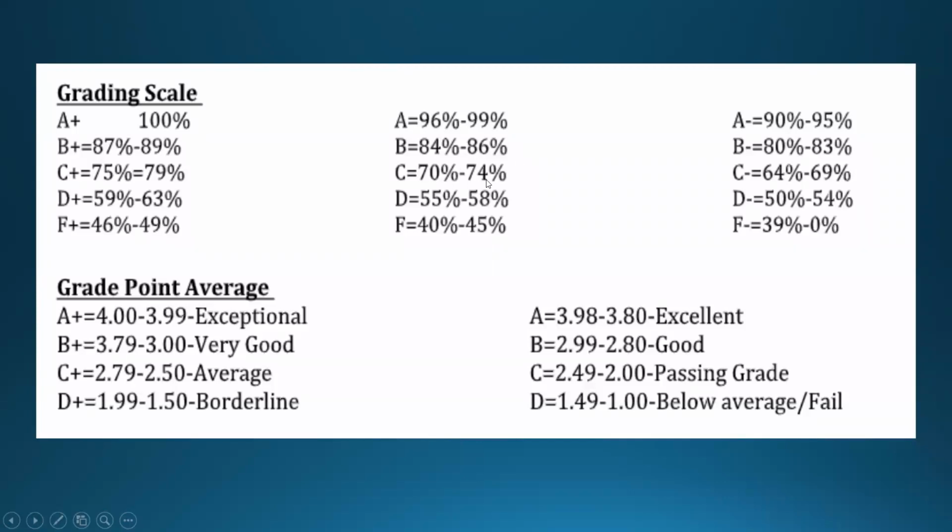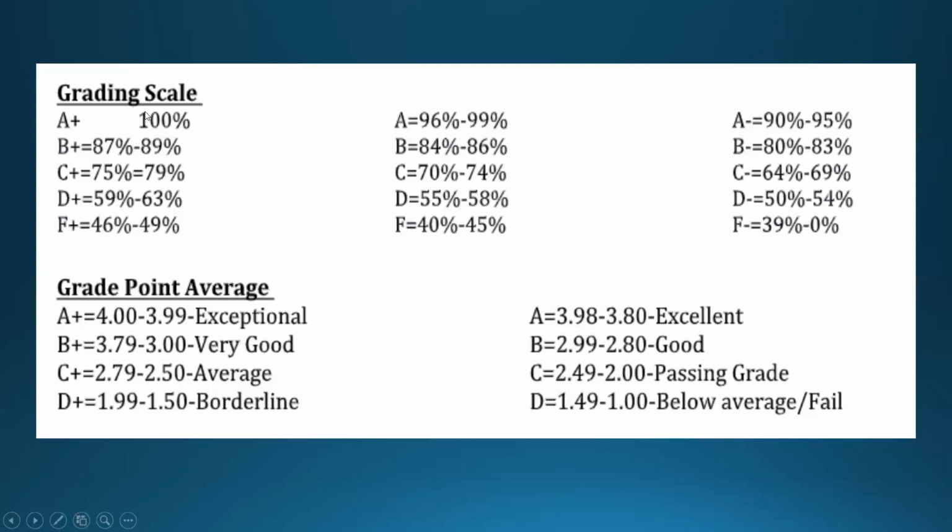C is 70 to 74. C plus is 75 to 79. B minus is 80 to 83. B is 84 to 86. B plus is 87 to 89. Sorry, A minus is 90 to 95. A is 96 to 99. And A plus is 100.